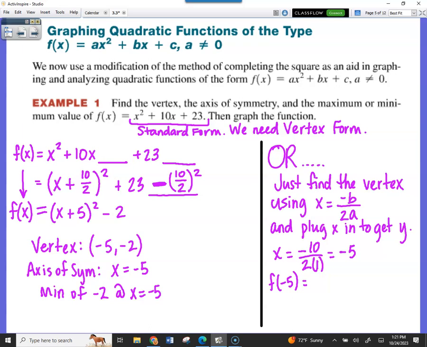You do need to put parentheses around the negative, by the way, because negative 5 squared is positive 25, so be careful there. You get negative 2? Yep. We just did this problem, right?